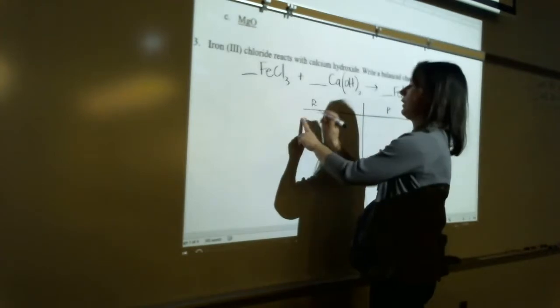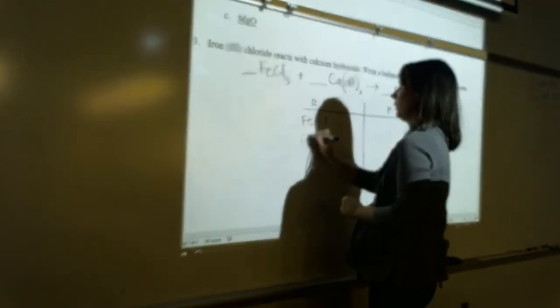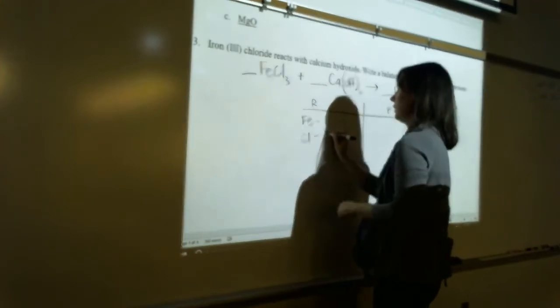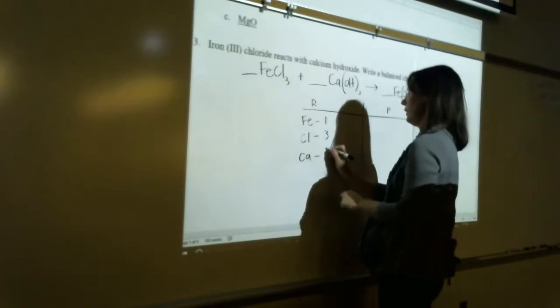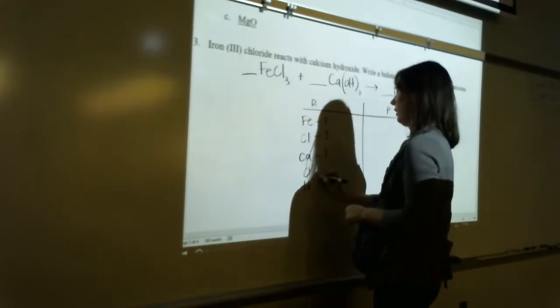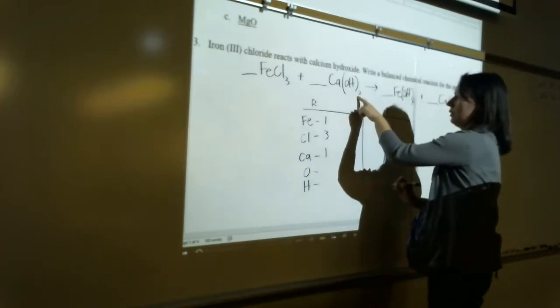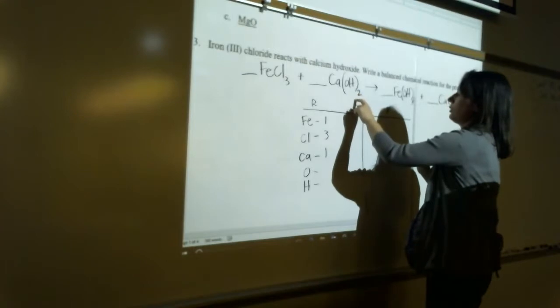All right, we've got Fe, we've got 1. Chlorine, we've got 3. Calcium, we've got 1. Oxygen and hydrogen, how many do we have? 2, right? That's a little tiny 2. We're distributing that 2.